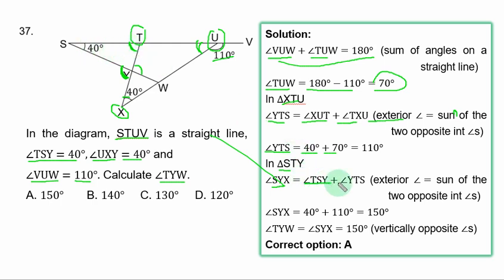That is what you have here. And it is 150 degrees. Now, this angle is equal to this angle, vertically opposite angles. So, taking this approach, angle TYW is 150 degrees.